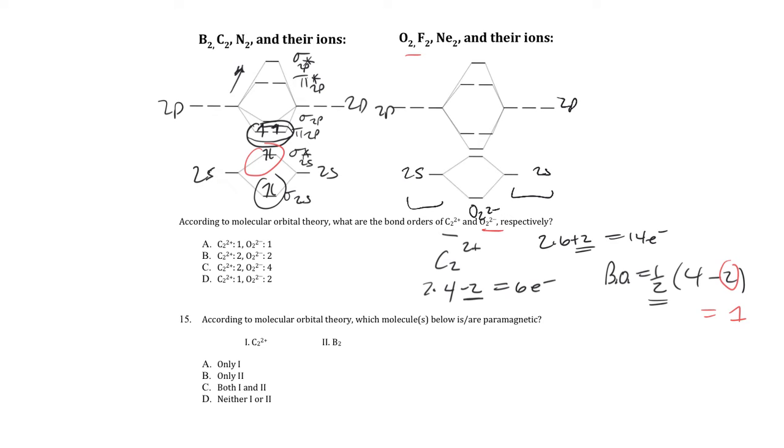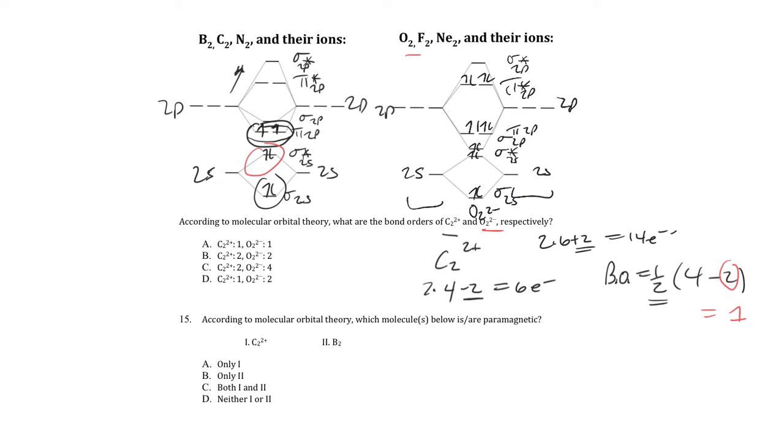And recognizing we go sigma 2s, sigma star 2s, and then sigma 2p, pi 2p. So notice the sigma's next, then the pi. And then our pi star 2p and our sigma star 2p orbitals. So we go 2, 4, 6, 8, 10, 12, 14.